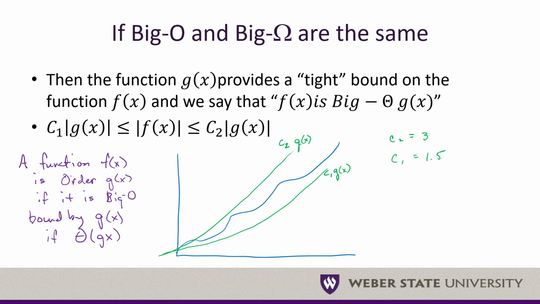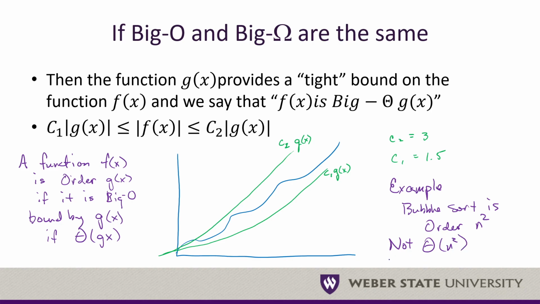But usually we'll say that it's order whatever, or like bubble sort's order n squared. As an example, bubble sort is big O n squared, but it's not theta n squared.